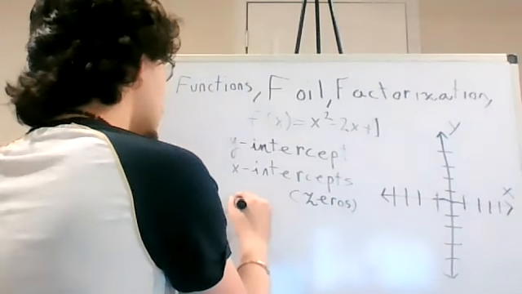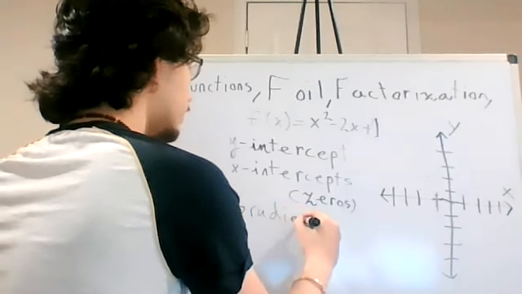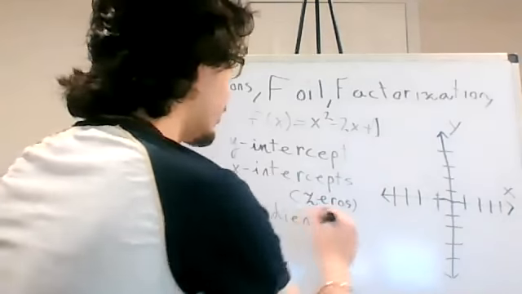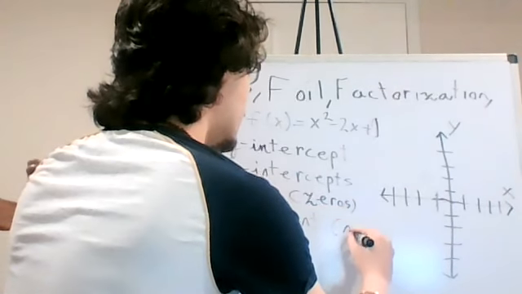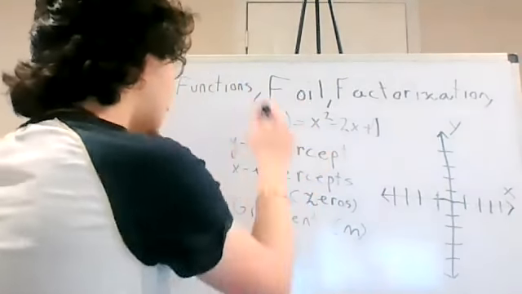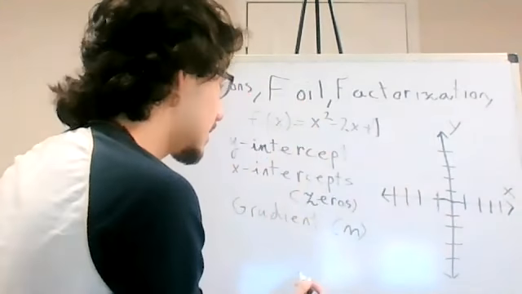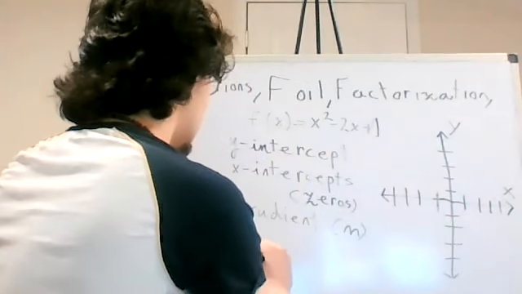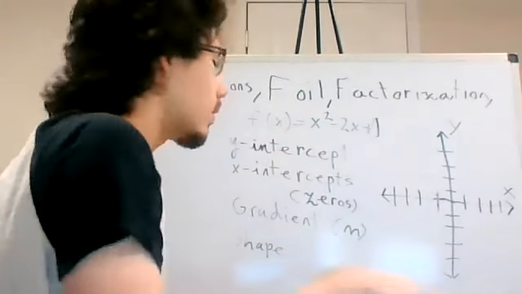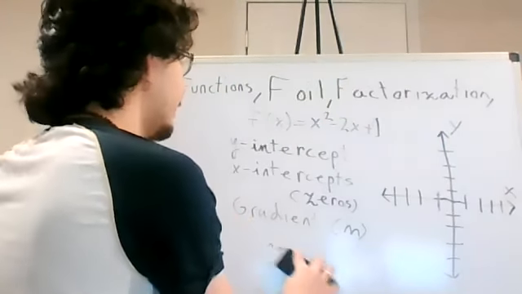Zeros, there is the gradient, which, if you remember, will be our m, which applies to the x value. And then there are further pieces of information, such as shape, domain, range, and so forth, but we don't need to know about that at the moment. We'll continue with that later.